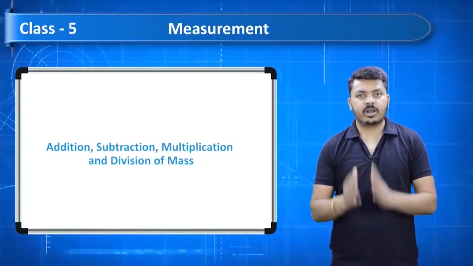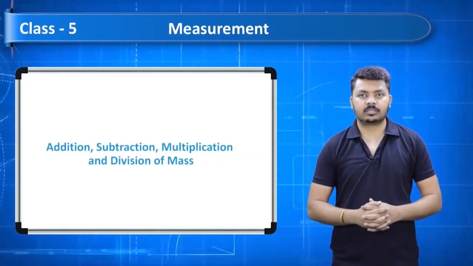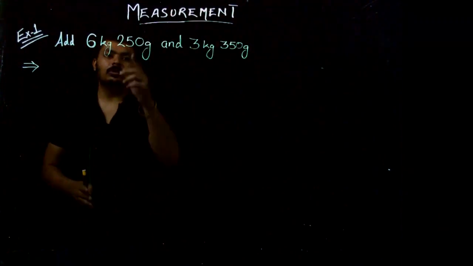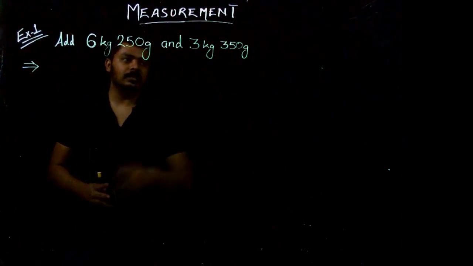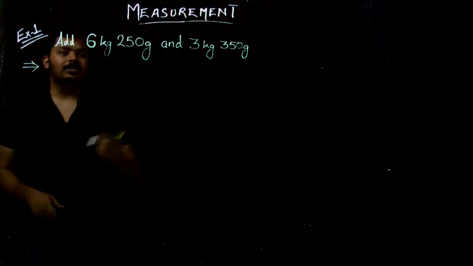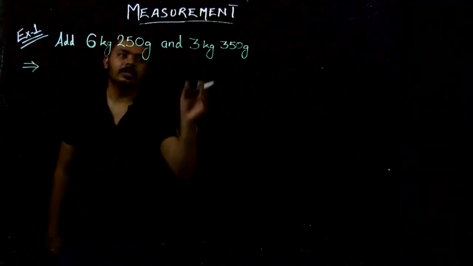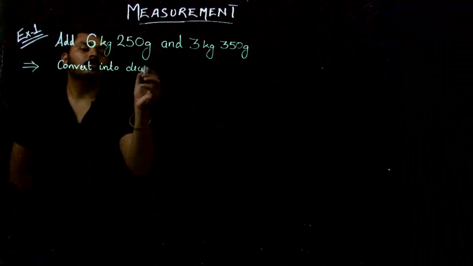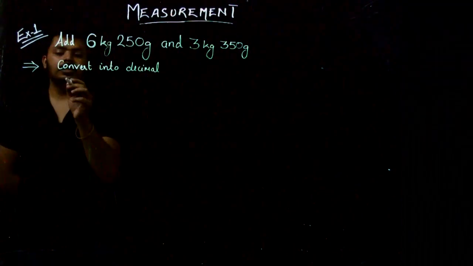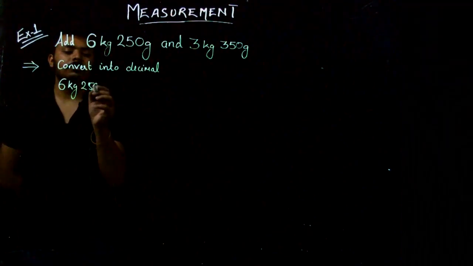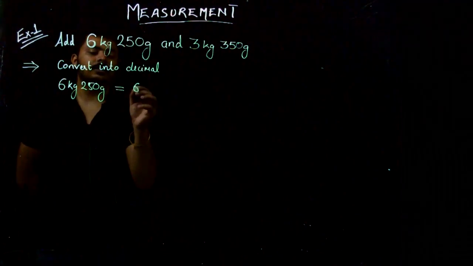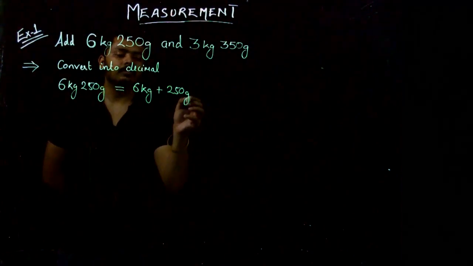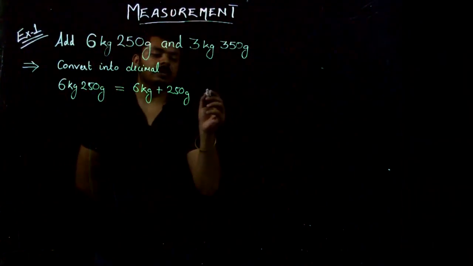Addition, subtraction, multiplication and division of mass. So now let's see example number 1. Add 6 kilograms, 250 grams and 3 kilograms and 350 grams. So first, to add both of them, we need to convert them into decimal form. So 6 kg 250 grams can be written as 6 kg plus 250 grams, and grams can be converted into kilogram.